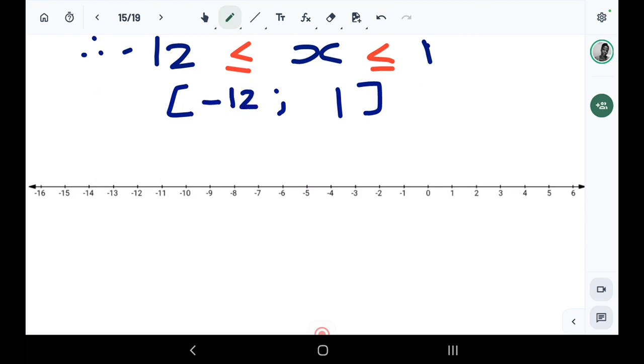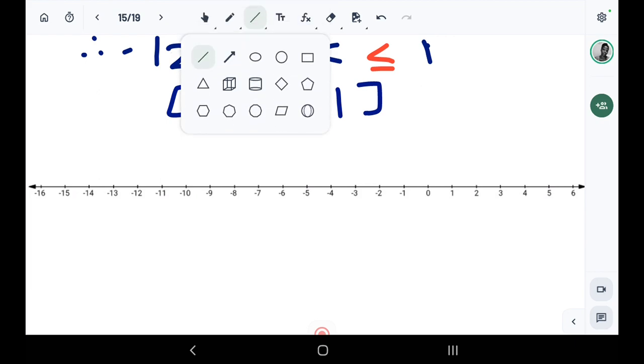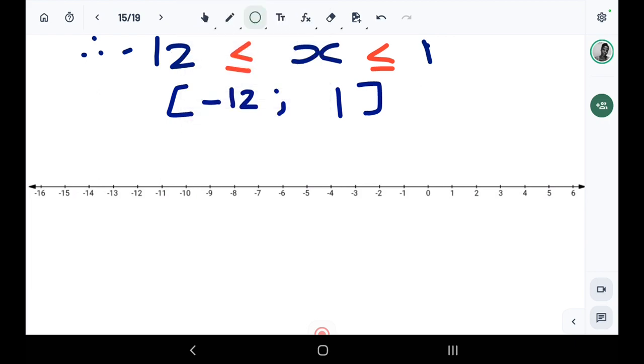Now what happens is that on the number line, that becomes an easy representation. You've got your solid dots on top of 1 and negative 12. Let's change that into a solid dot on top of 1, and another solid dot on top of negative 12.